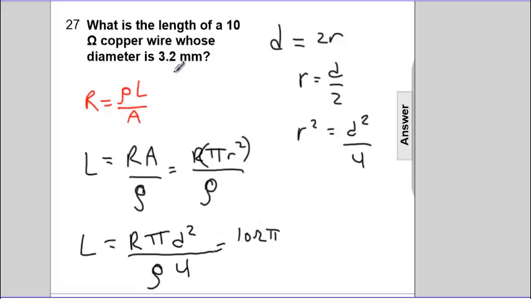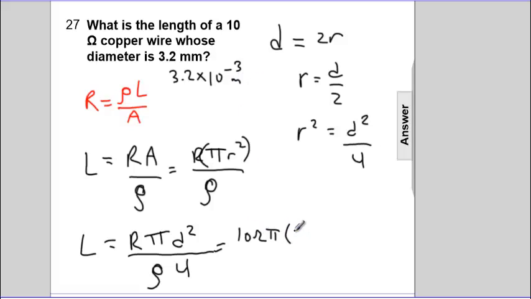What is the diameter? 3.2 millimeters. 3.2 millimeters are 3.2 times 10 to the negative 3 meters. So we have to be careful here. That's the diameter in meters.